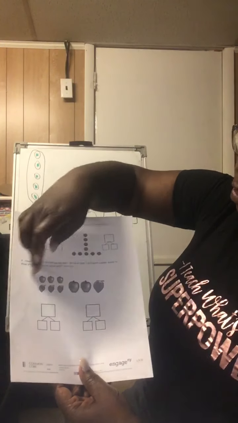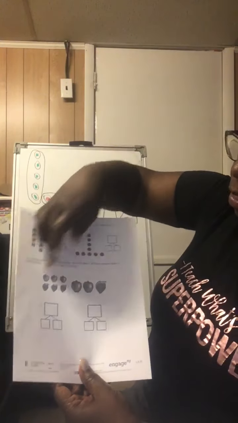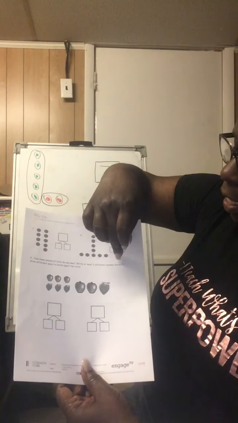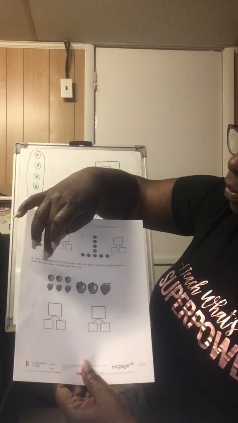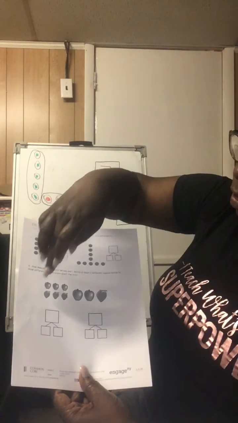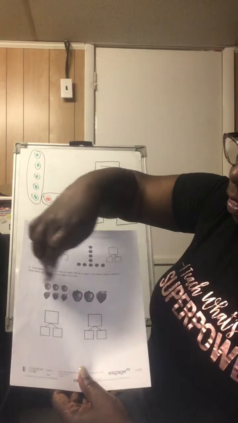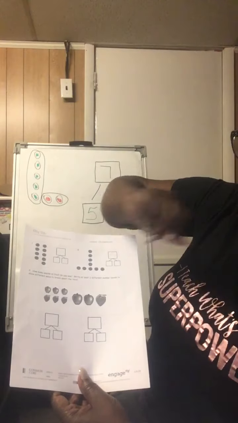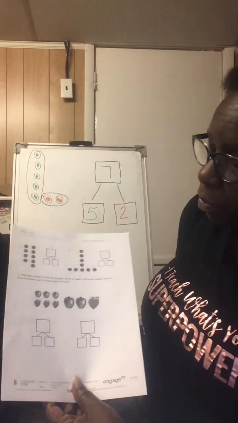So that means you're going to count all of your fruit. Write at least 2 different number bonds to show different ways to break apart the total. You're going to use all your fruit and figure out 2 different ways to do that number bond.